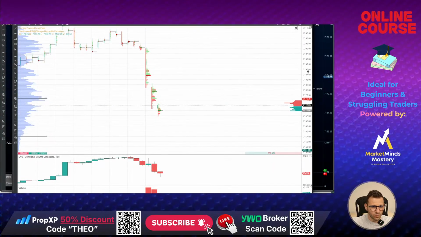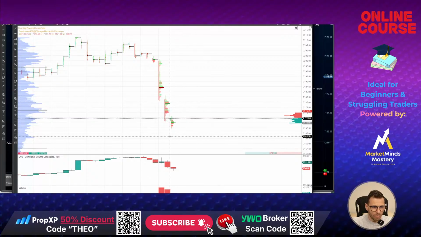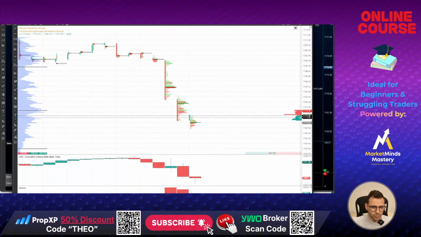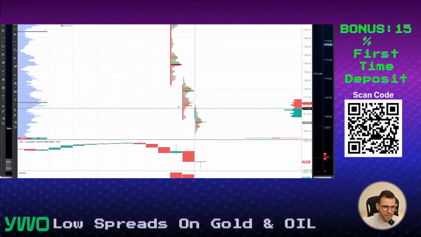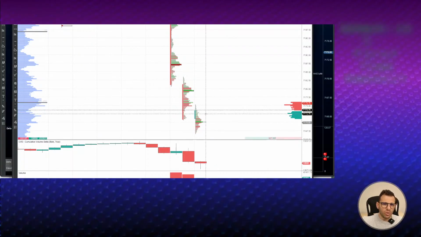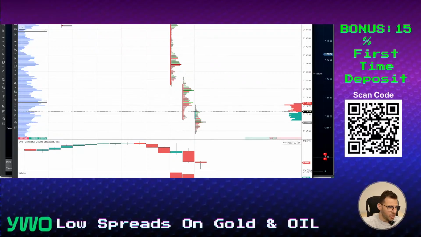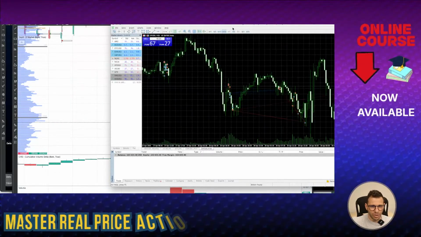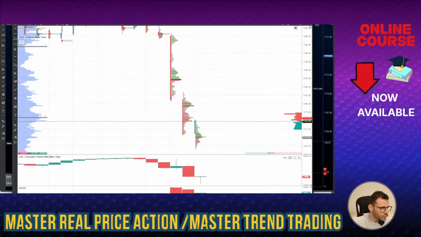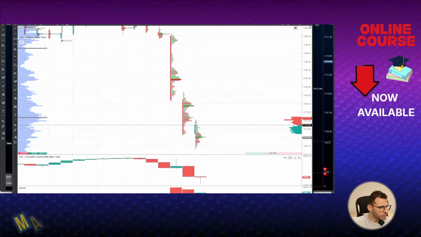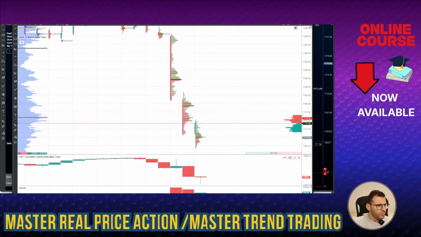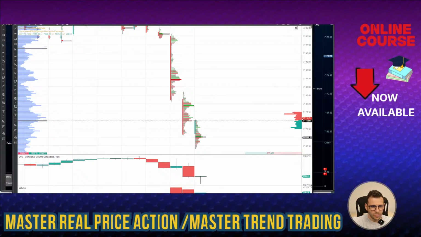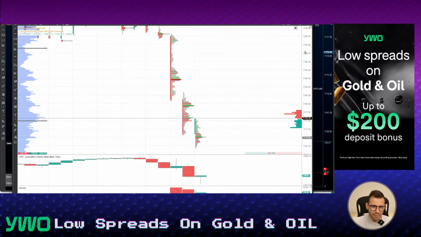See, the price is coming up to fill up these levels. Am I going to cautiously trade some retracements here? Look at the price now, it's coming up.